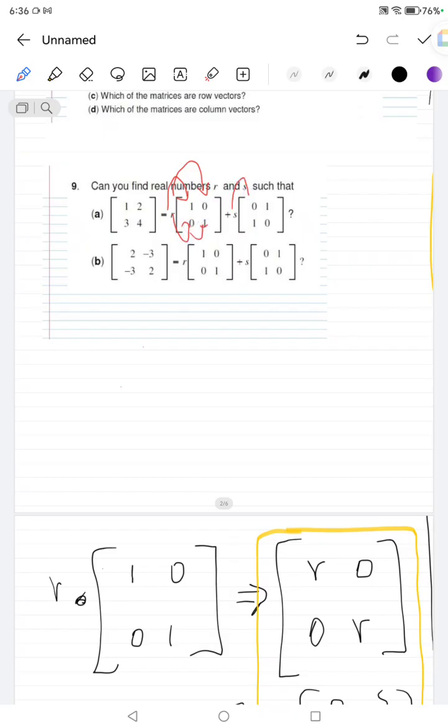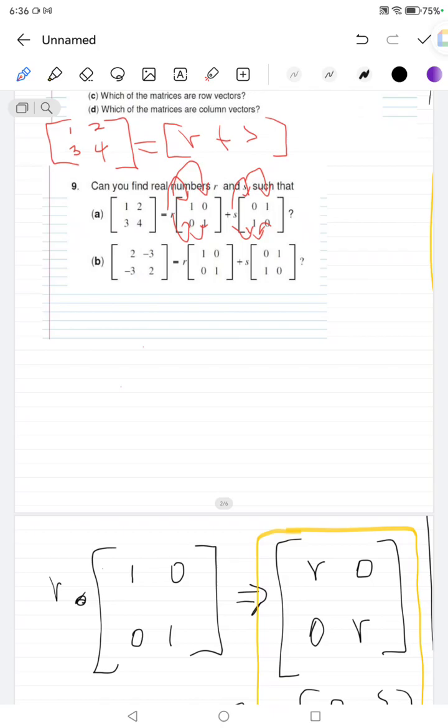Then you do the same thing with your S. You're multiplying it with these values that you are seeing. Then after doing that, you combine your R plus your S. Then you equate it to whatever is going to be on the left hand side.